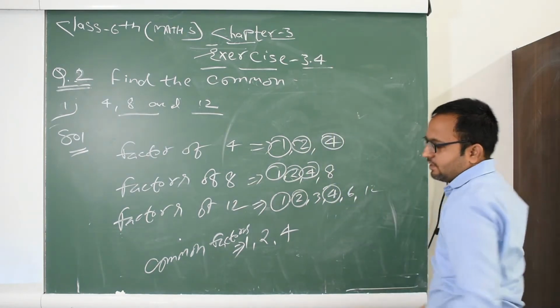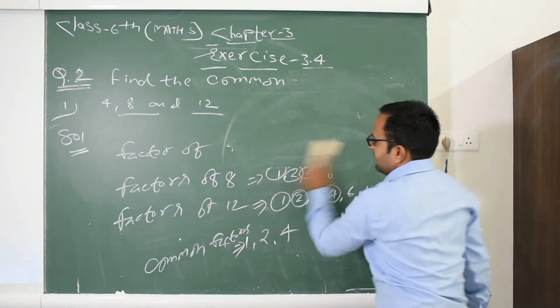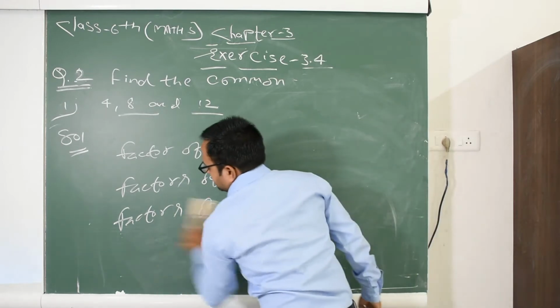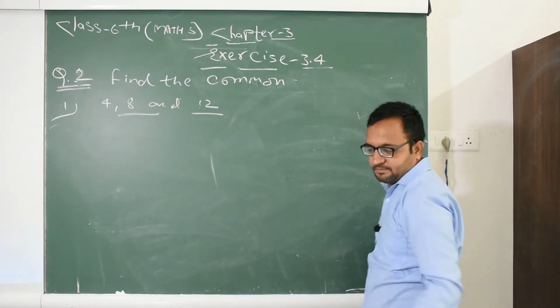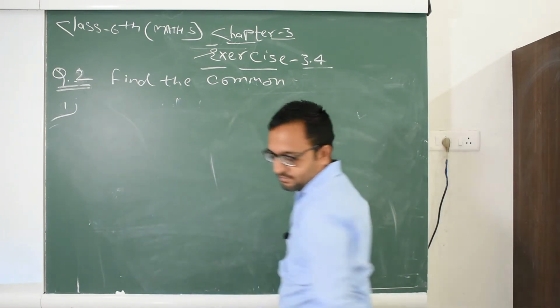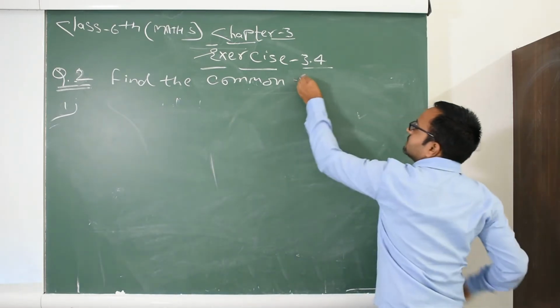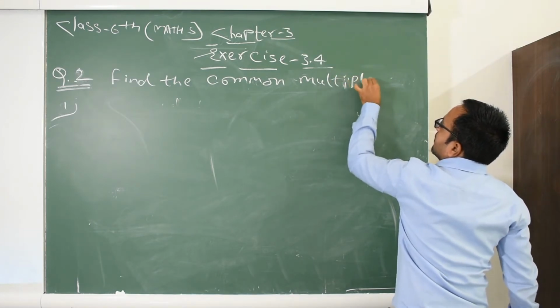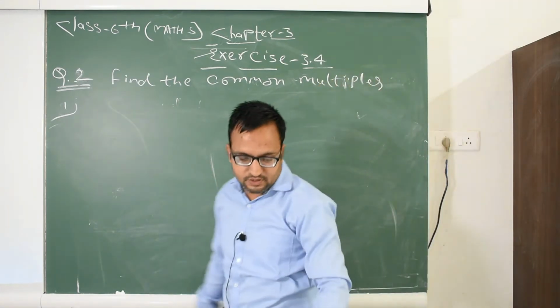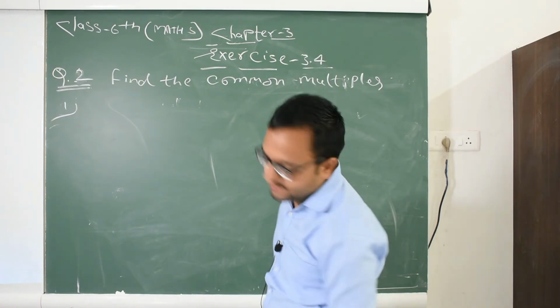Now question number 3, common multiples. Now we find common multiples. The first question is 6 and 8.